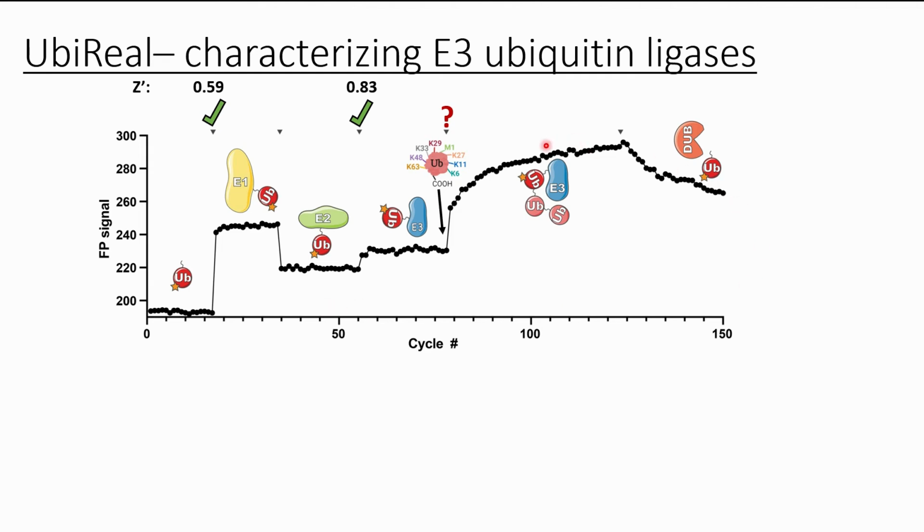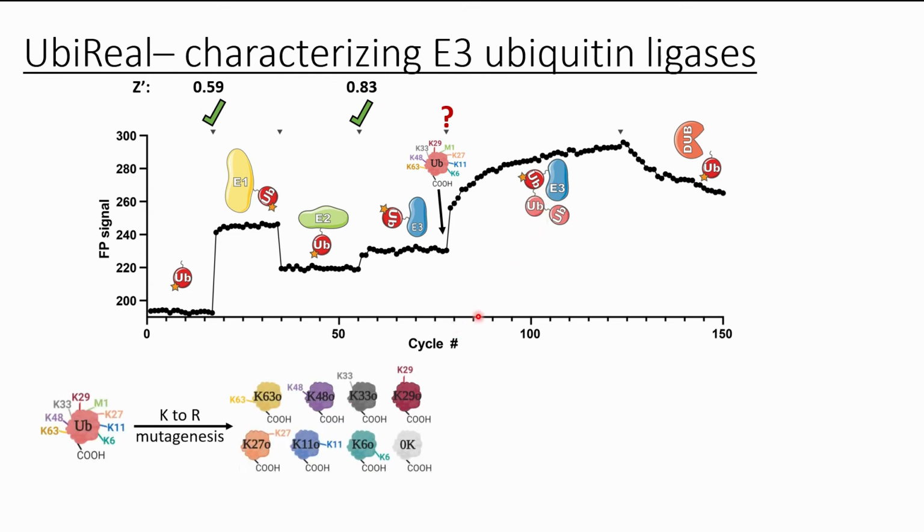So what we wanted to ask next was if we could tease apart what was going on with this larger E3 polyubiquitin complex and see if we could visualize what sort of chain linkages these were.